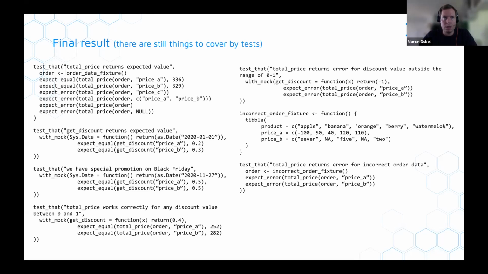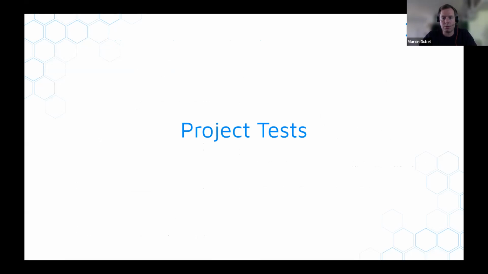Speaking about data, connecting to a database, using fake data, I think it's worth proceeding to the project test. So right now we will be looking at the application from a broader perspective of how this works as a project. A Shiny application usually gets data from somewhere.